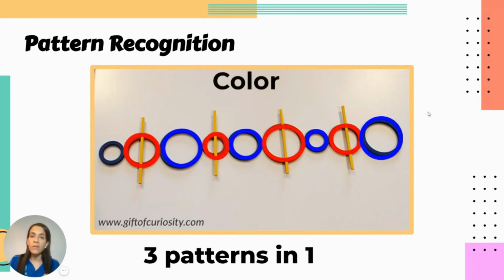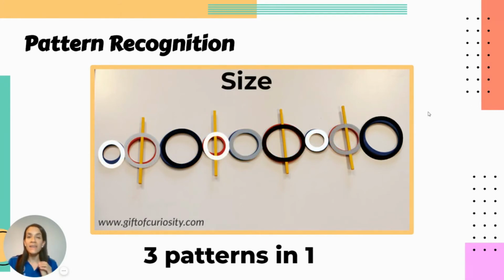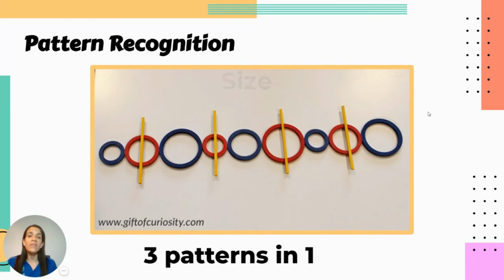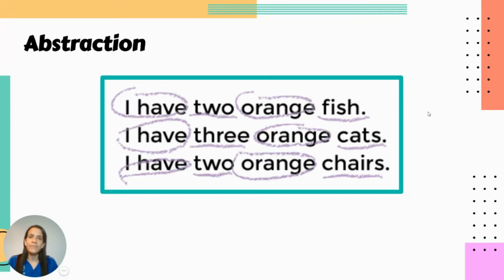You find the color pattern, the red, blue pattern. We can see also the size pattern. You have small, medium, big, small, medium, big, right? And we have one more that is the element patterns. That is these yellow sticks along the circles. So it's important to identify each one of them.